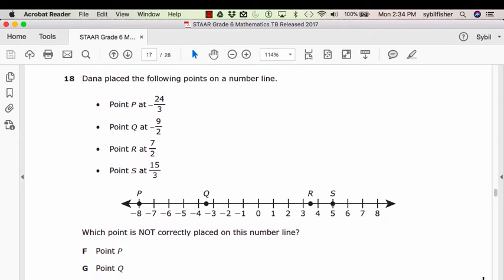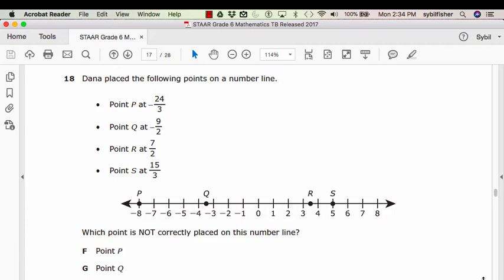Number 18. Dana placed the following points on a number line. Point P at negative 24 over 3. Point Q at negative 9 over 2.